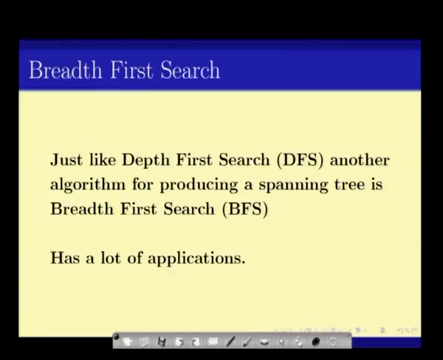Depth first search started from a vertex and ran as long as it could till it hit a blocking point or a dead end, and then it came back and looked again. So, it searched in a depth first way, it went for the depth. The breadth first search does the opposite. It first looks at all of its neighbors and then all of their neighbors and so on.